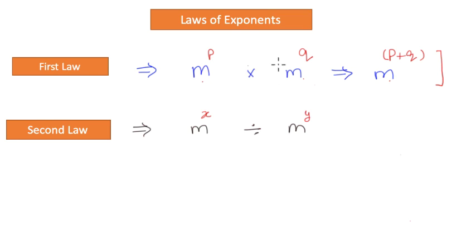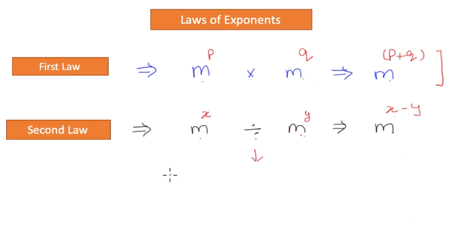In multiplication, we were adding the powers. Keeping the same logic, in division we subtract the powers, meaning the base remains the same and the powers get subtracted. So m to the power x divided by m to the power y will be m to the power x minus y.